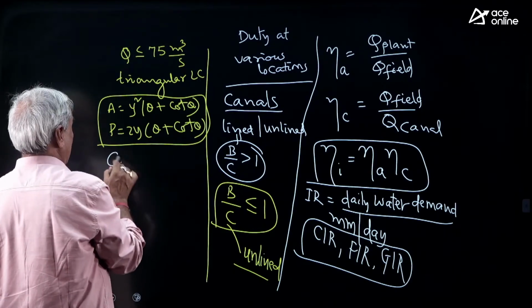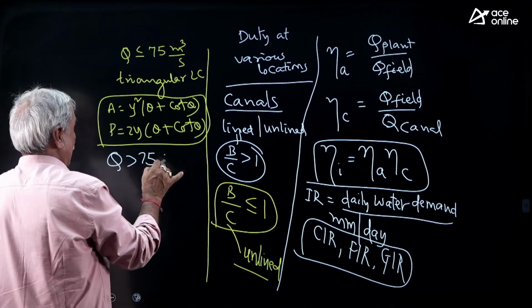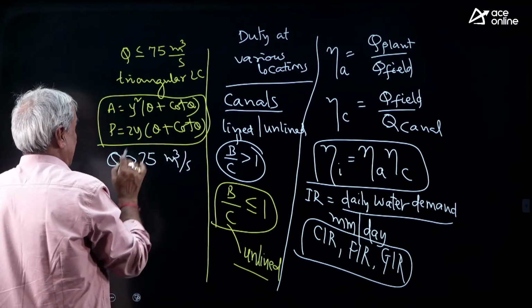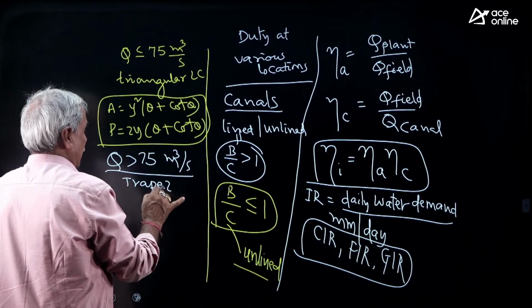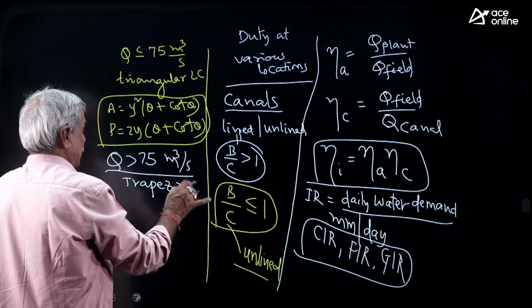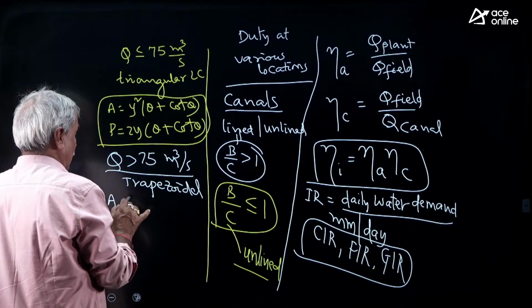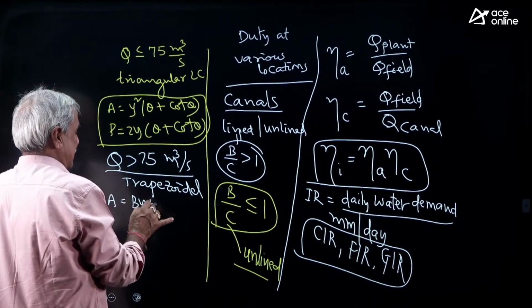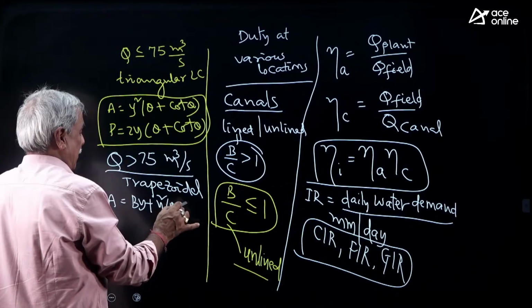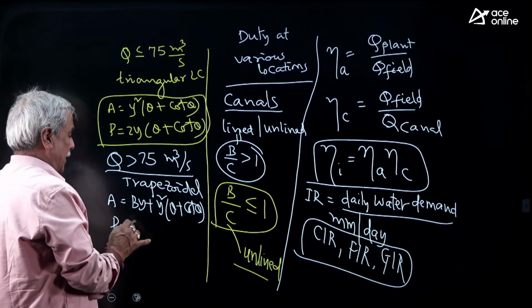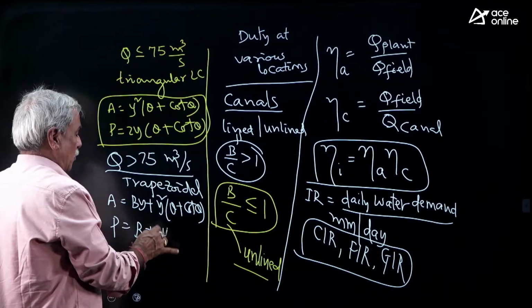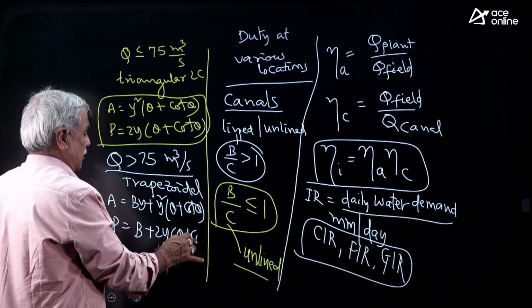If the discharge is more than 75 meter cube per second, for that lined canal we take the trapezoidal cross section. For a trapezoidal cross section, area is equal to (b plus y) into y into theta plus cot theta. Wetted perimeter b plus 2y into theta plus cot theta.